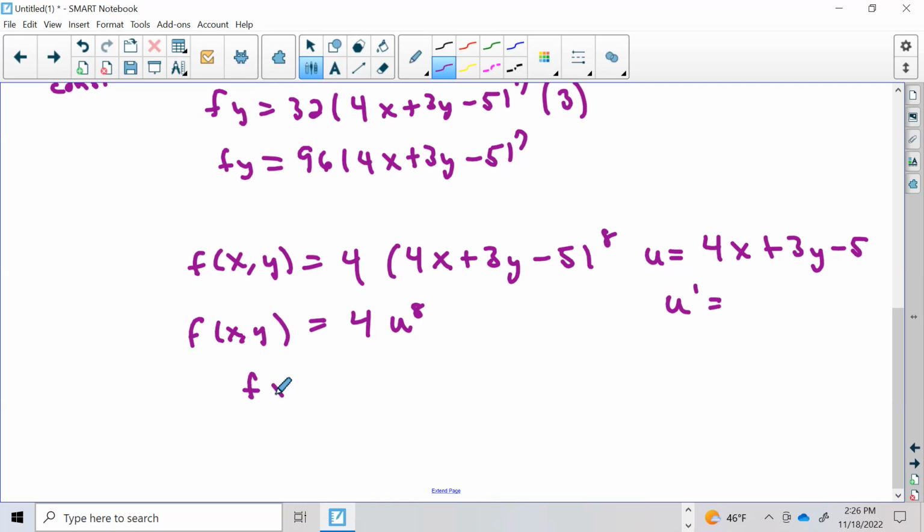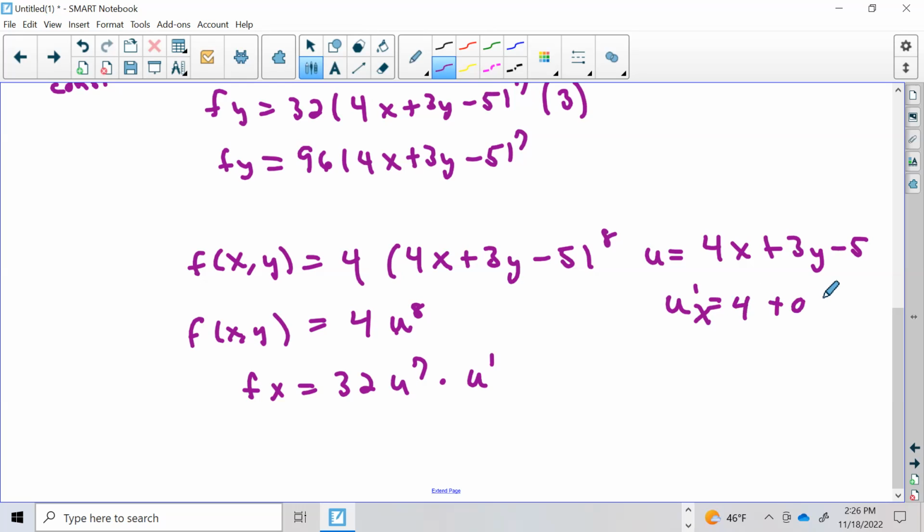So again, if I do it with respect to x, initially it's not going to matter because we're going to take the derivative of this. So you take the derivative of this, which is 32u to the 7th. And then remember, you have to multiply by the derivative of that u for chain rule. And u prime, again, would be in terms of x if we do the partial with respect to x. So then again, I treat anything with a y as a constant. So the derivative with respect to x would be 4.